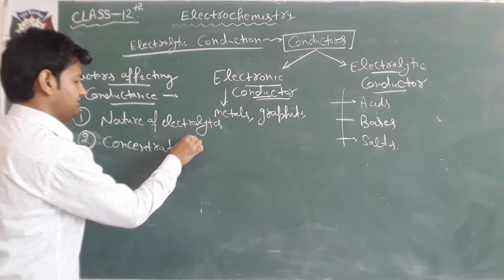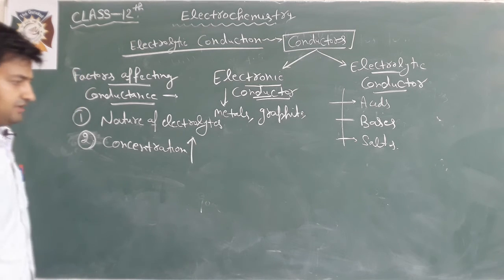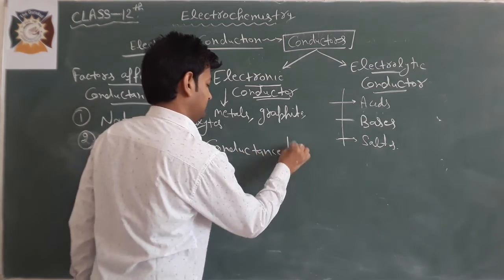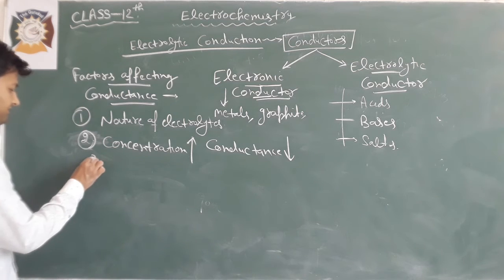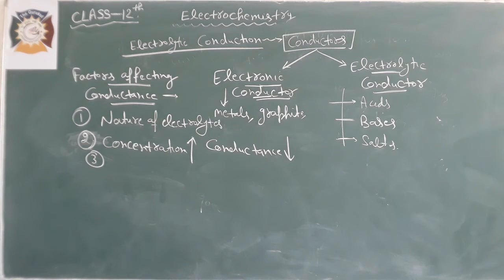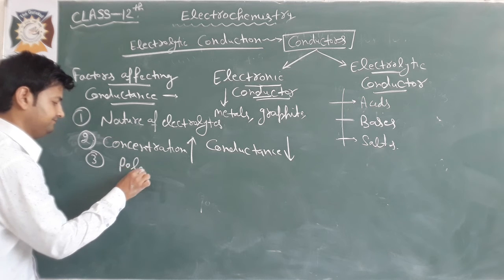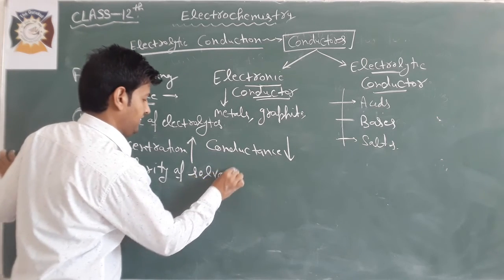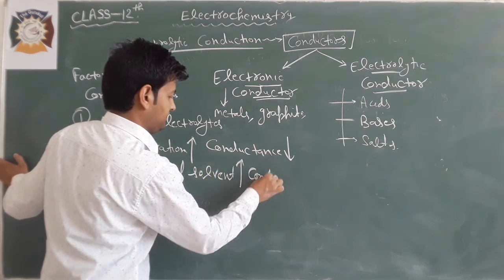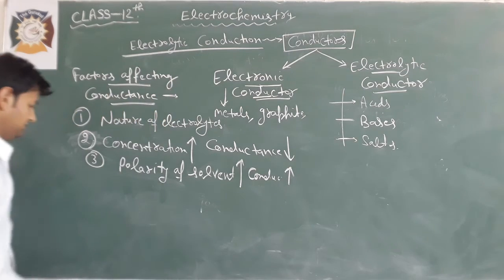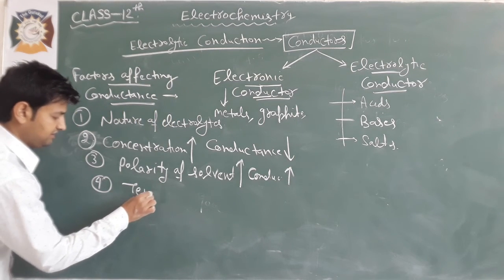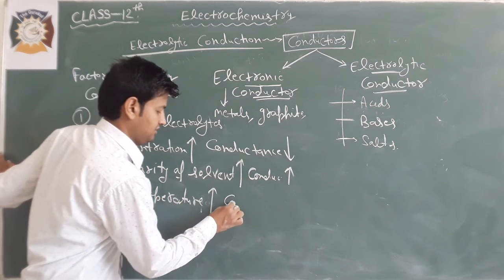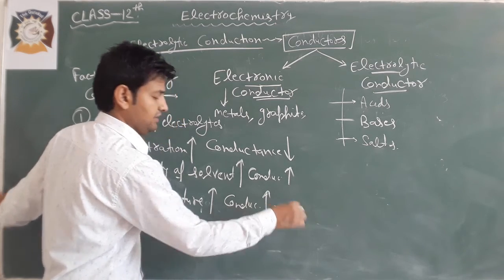As the concentration of solution increases, conductance decreases. Third factor is polarity of solvent. As polarity of solvent increases, conductance also increases. Fourth factor is temperature. With the increase in temperature, conductance also increases.